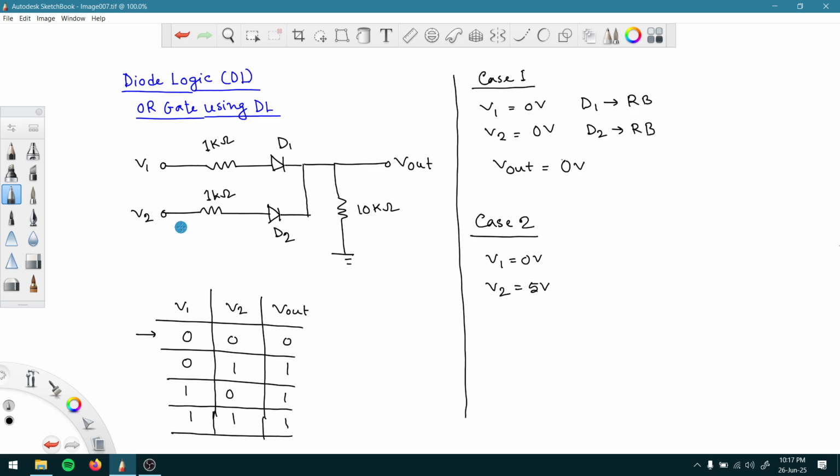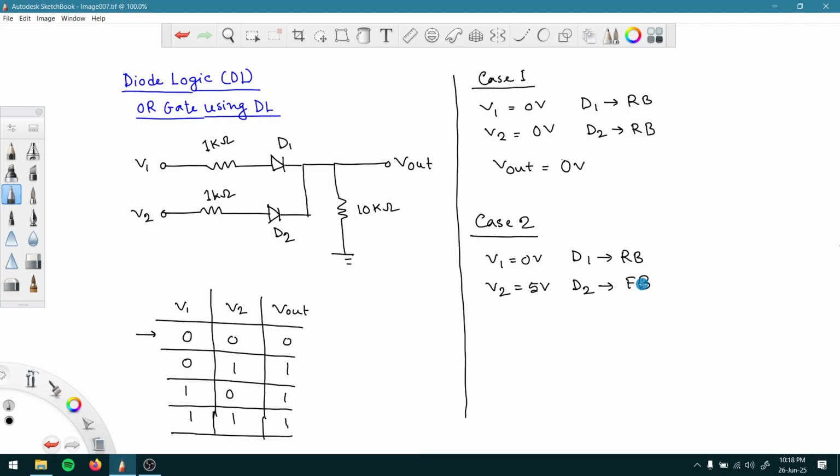And for V2, because we have provided 5 volt and this is connected with ground, the anode is connected with a higher voltage compared to the cathode, so we can assume that D2 is forward biased. So D1 is reverse biased and D2 is forward biased.